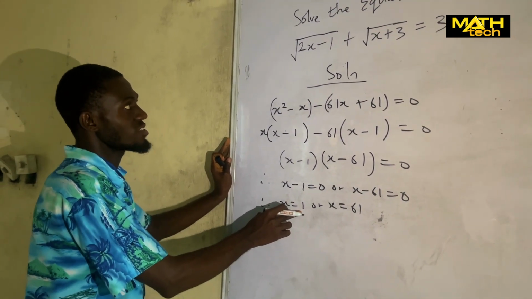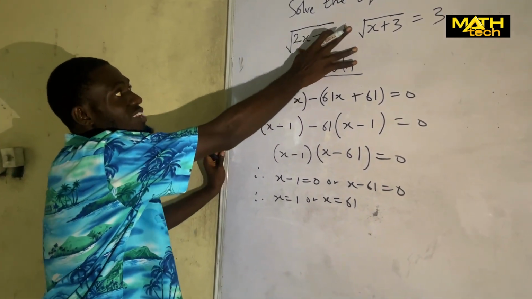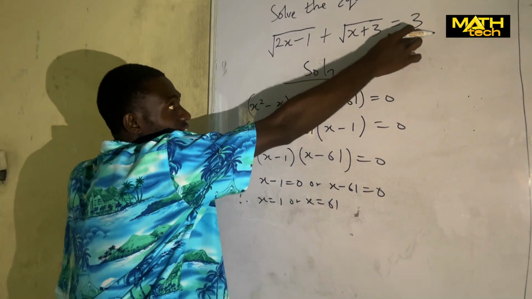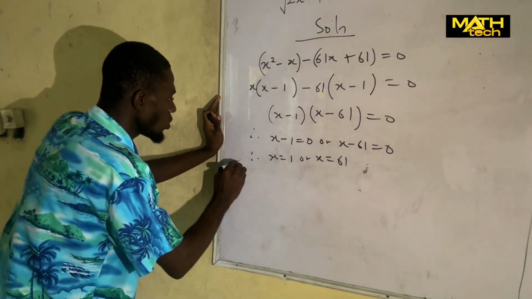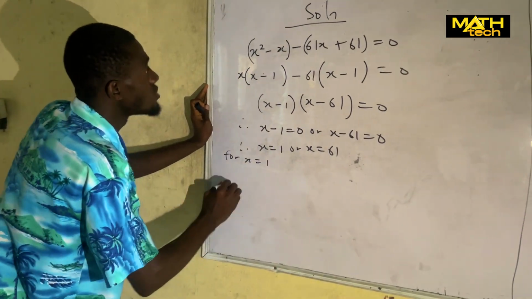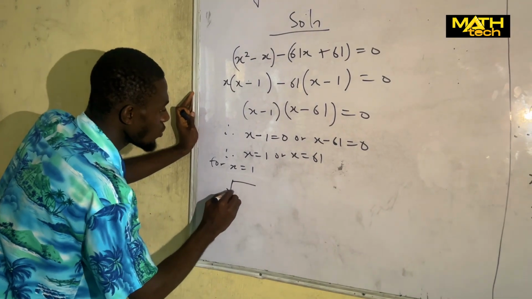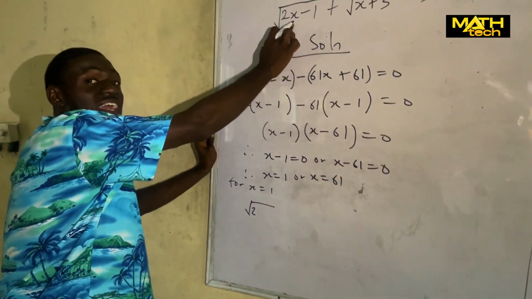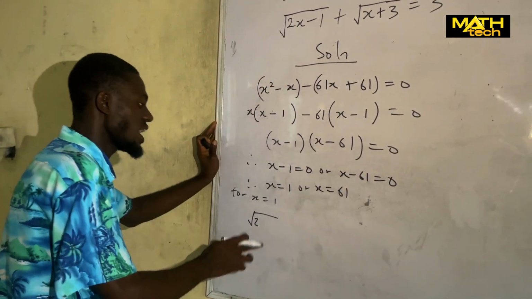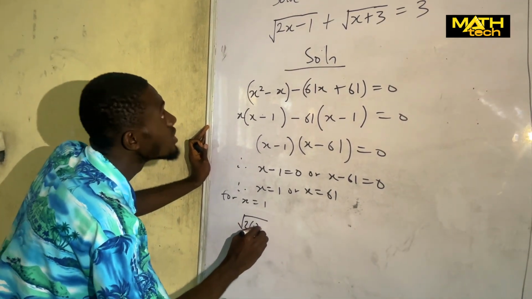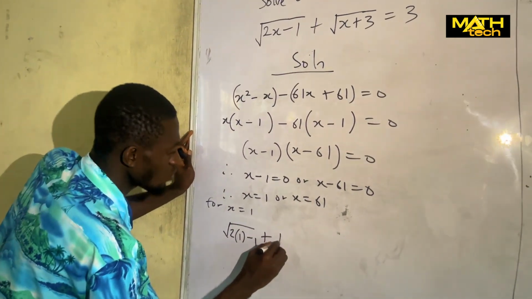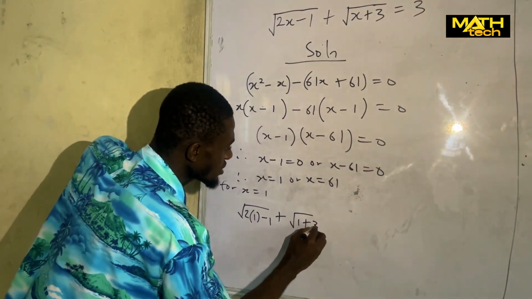Now let's look for the real solution of x. Inputting the value of x here as 1 into the left hand side to see if it will give us the value at the right hand side. So for x equal to 1, we have the square root of 2, and any place you find x, you replace it with 1, and we have 2 into 1 minus 1 plus the square root of 1 plus 3.